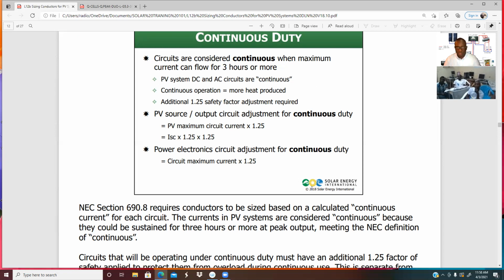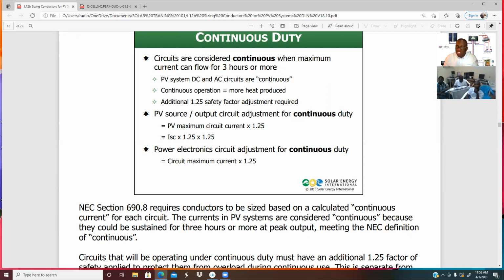I'm going to go back to it. The continuous duty: sockets are considered continuous when maximum current can flow for 3 hours or more. They are saying in a given day, if there is a high peak of sun rays for about 3 hours or more, that socket is considered continuous, like the PV source socket.